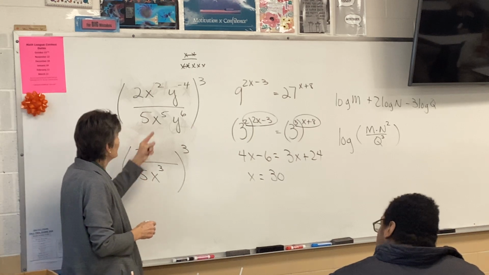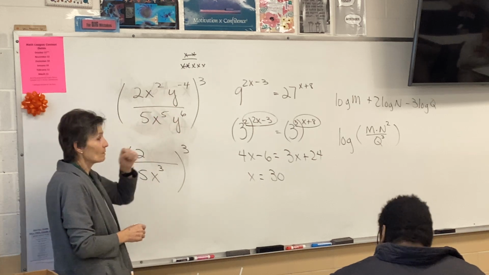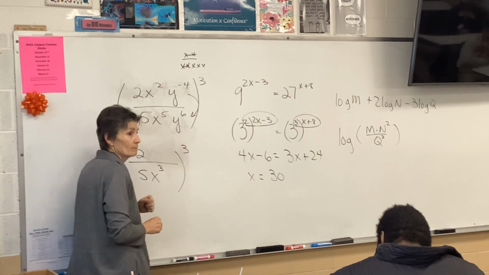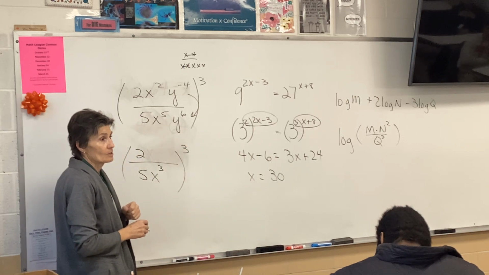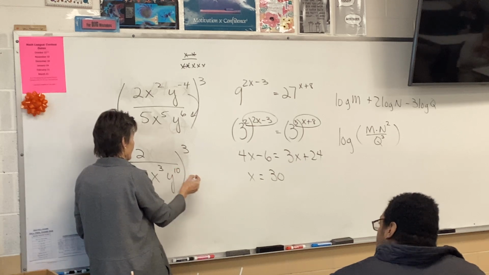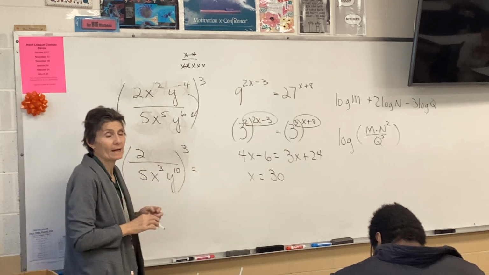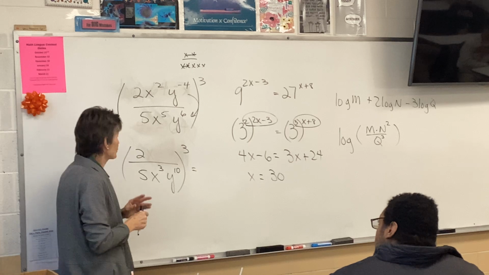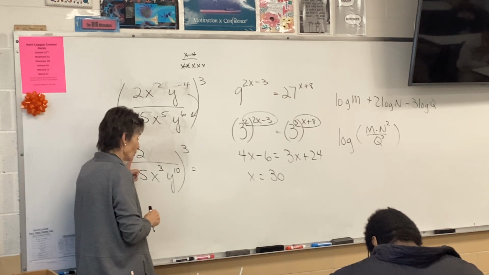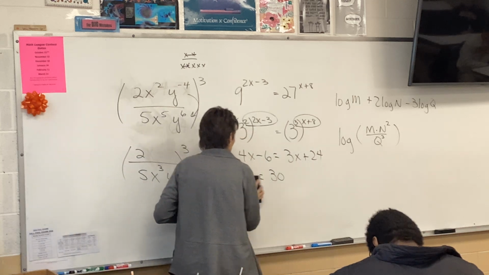Now, what about my y's? What's happening with those? You're bringing 4 down. These are coming down. So now, how many do I have down there? 10. 10 y. Now, I've got to take care of that 3. So I'm going to cube the 2. 2 cubed. What's 2 cubed? 8.